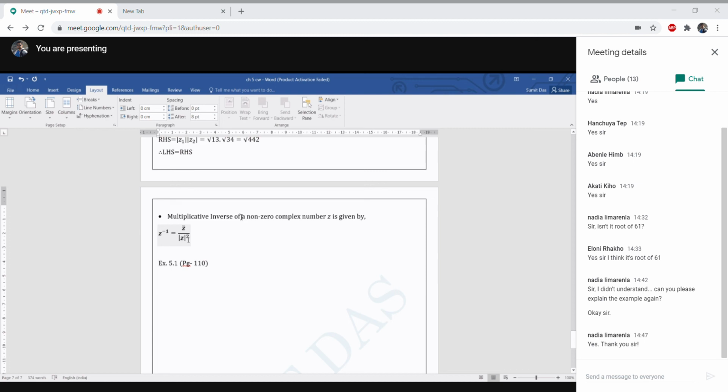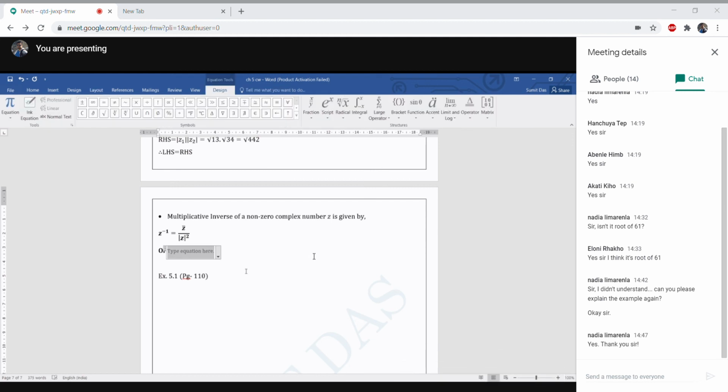And one more thing, from here we can draw one form: Z into Z bar is equal to mod of Z square.